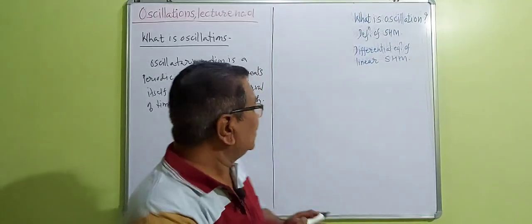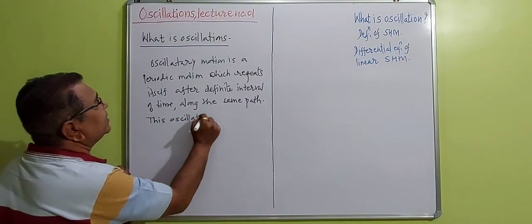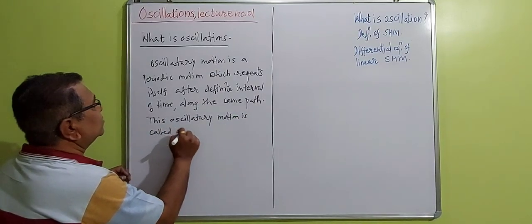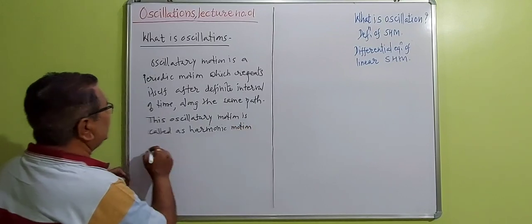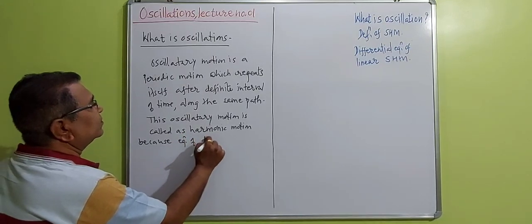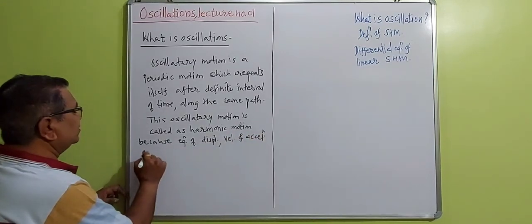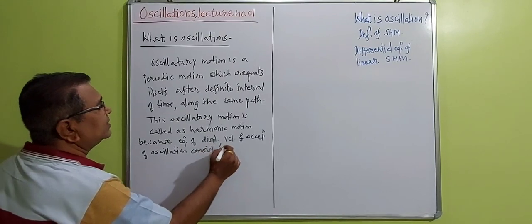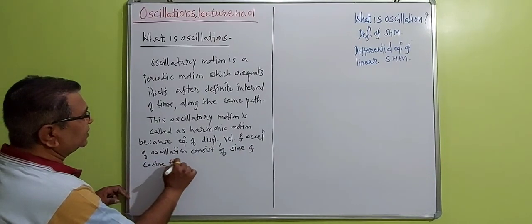So I will repeat on the board. This oscillatory motion is called harmonic motion because the equations of displacement, velocity and acceleration of oscillation consist of sine and cosine functions.